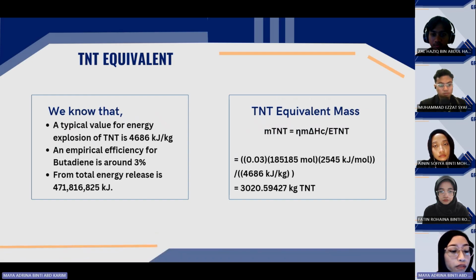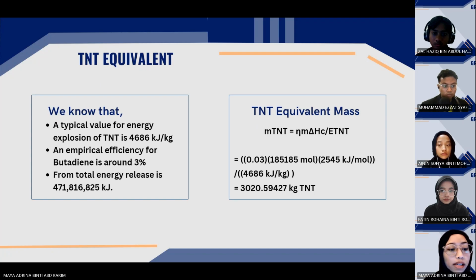Next, the second consideration is the TNT equivalent. We know that the typical value for the energy of explosion of TNT is 4,686 kilojoule per kg. And the explosion efficiency is empirical, with flammable cloud estimates varying between 1% and 10%, as reported by several sources.